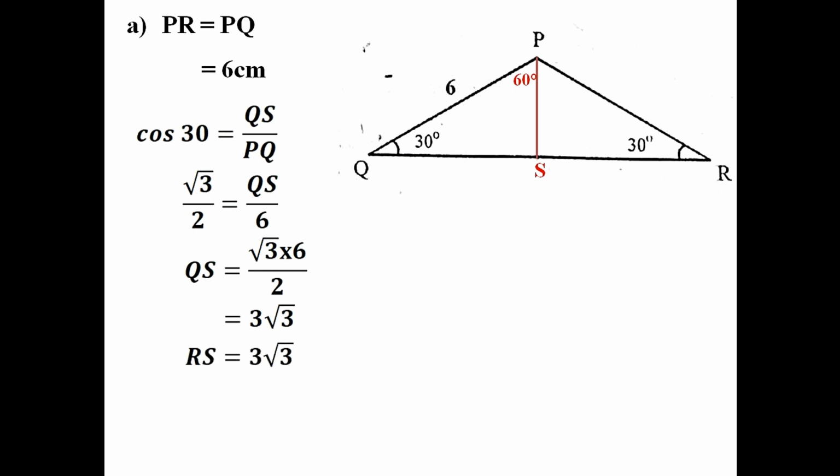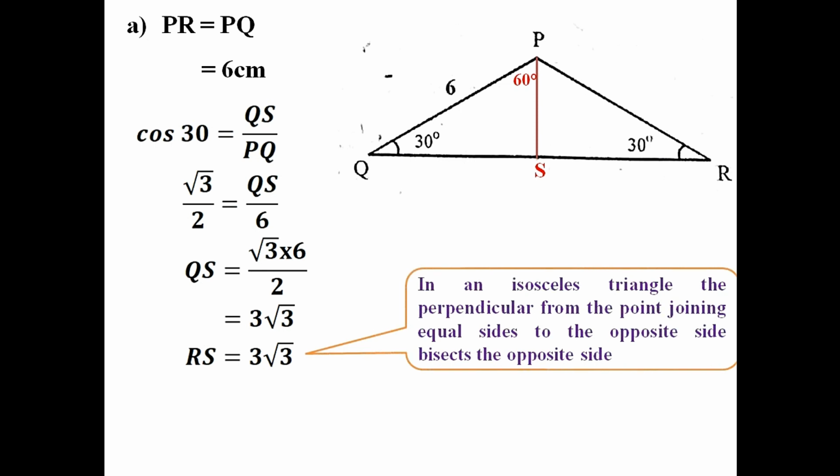Another way we can say the perpendicular from P to the side QR bisects QR because it's an isosceles triangle. Whatever it be, RS is also equal to 3 root 3. Hence, QR equal to QS plus RS, that is 3 root 3 plus 3 root 3, which is equal to 6 root 3 centimeters.